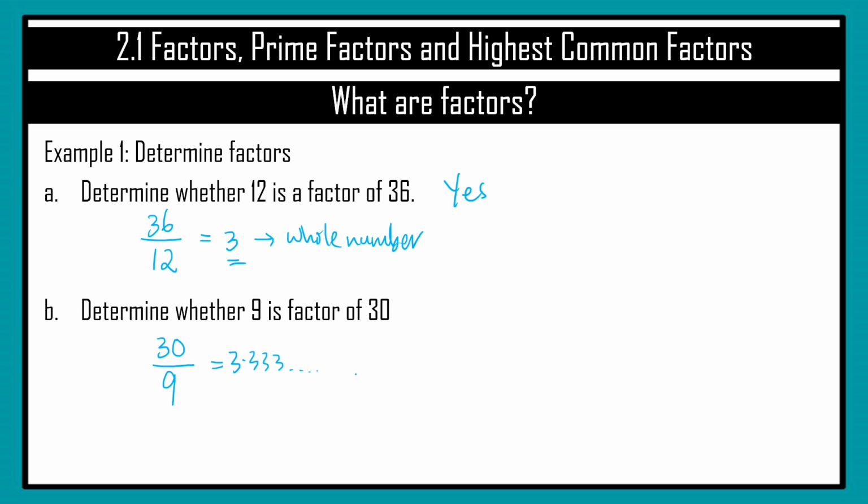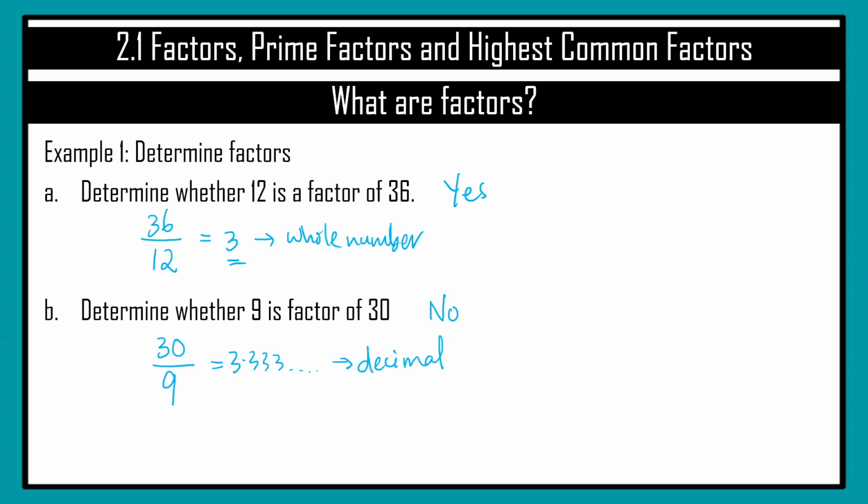This is a decimal. If your answer becomes a decimal, we can say that 9 is not a factor of 30. A very simple method, which is by dividing the number by the factor.